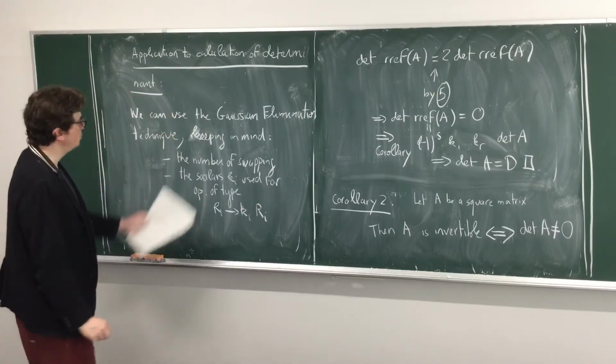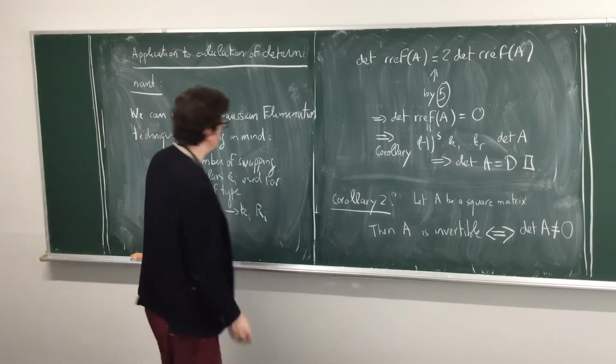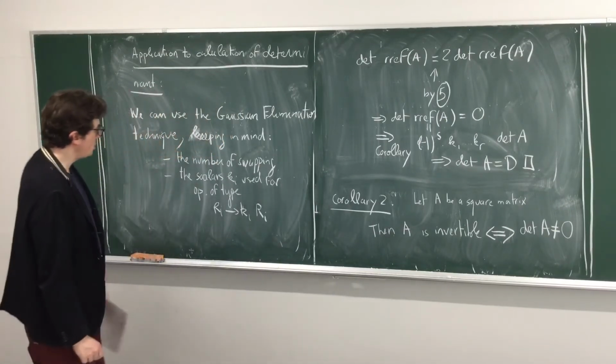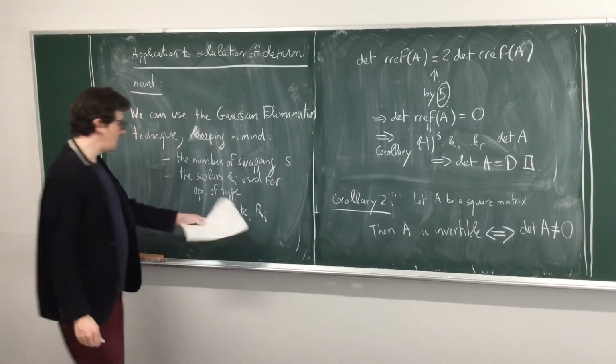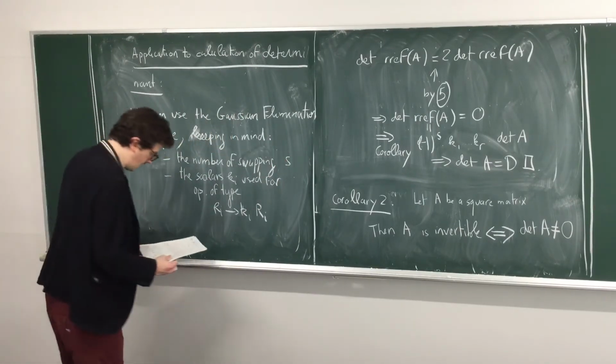Okay, we need to remember, when we apply the Gaussian elimination, these two numbers: the number of swappings, which was called S, and these scalars Ki.